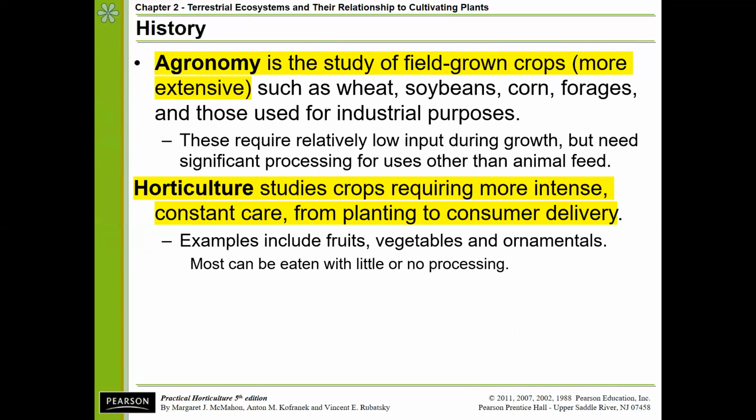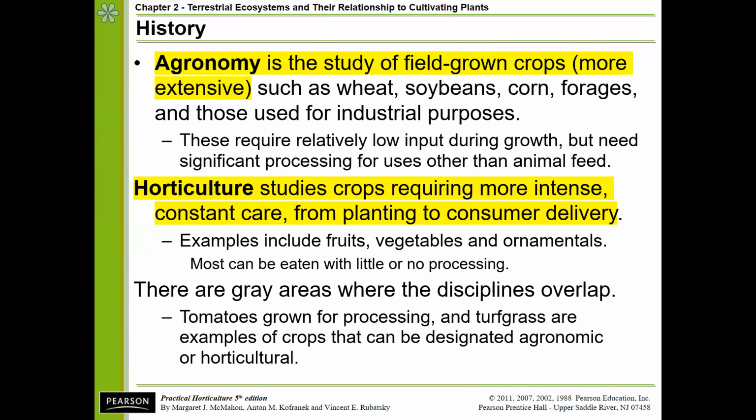Next, be sure to know the main differences between agronomy and horticulture. Agronomy is the study of field-grown crops and is more extensive, and horticulture is the more intensive crops.